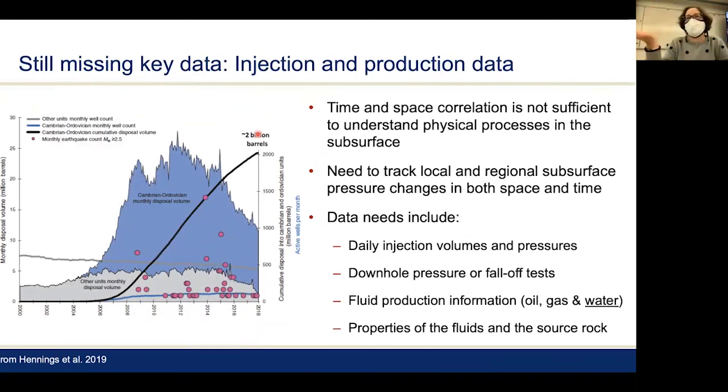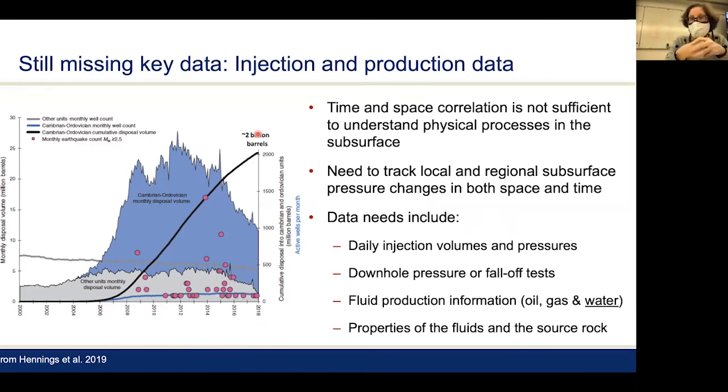In Texas, we only ever received monthly volumes for 12 months, once a year. And the most interesting wells always reported right after AGU, so always very annoying, right? We need daily injection volumes and pressures.